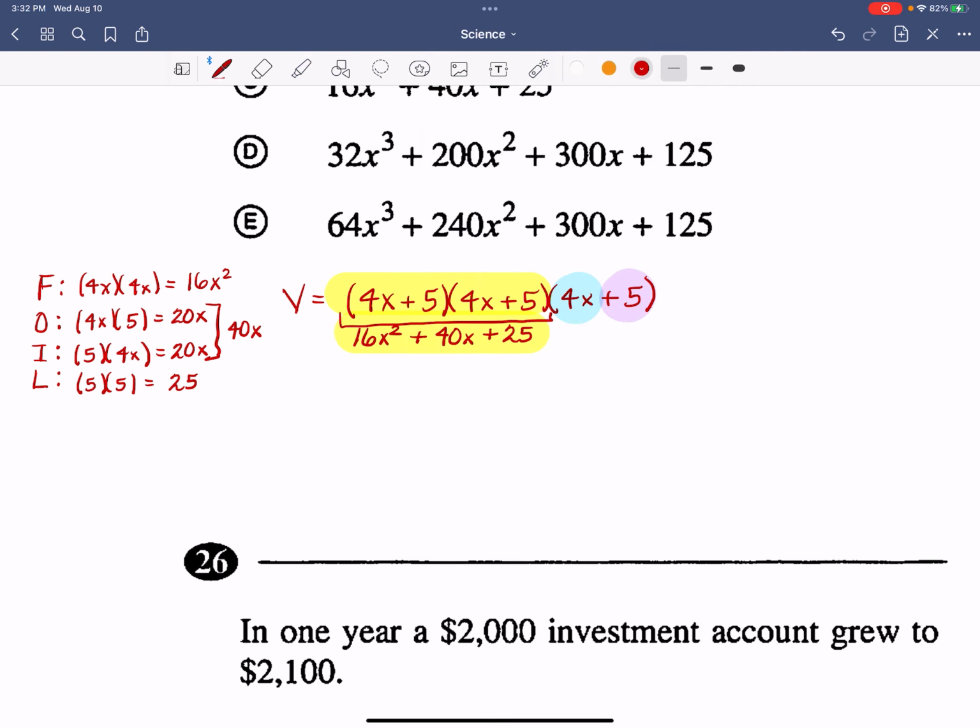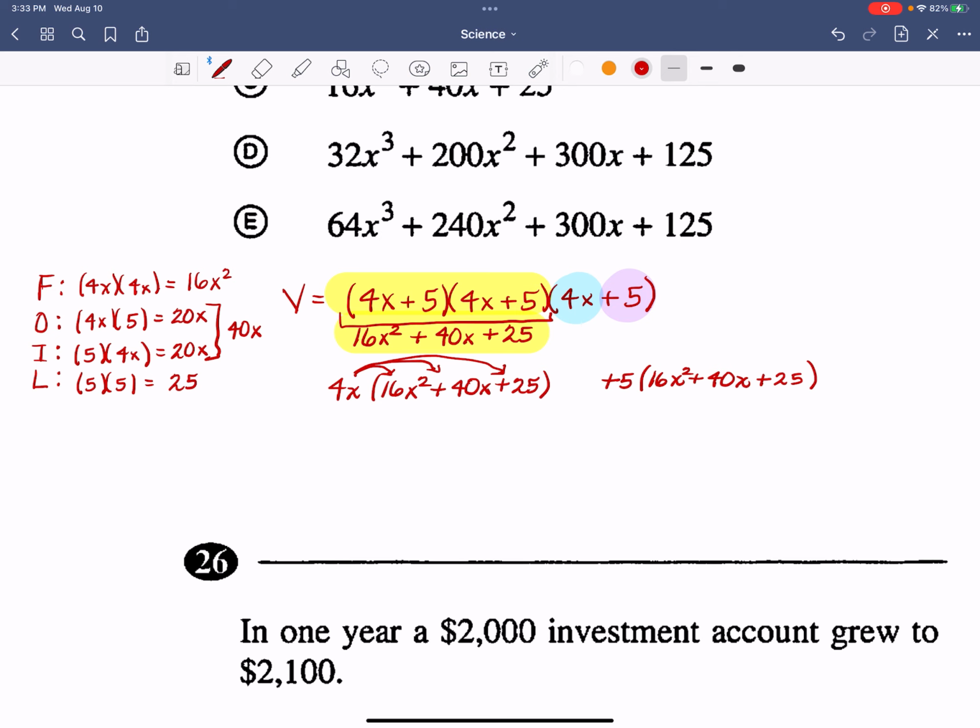So I'm going to take the 4x and put it outside of this trinomial, and then take that positive 5 and put it outside the same trinomial. And then I have to distribute. I'll take the 4x to all terms in the parentheses.